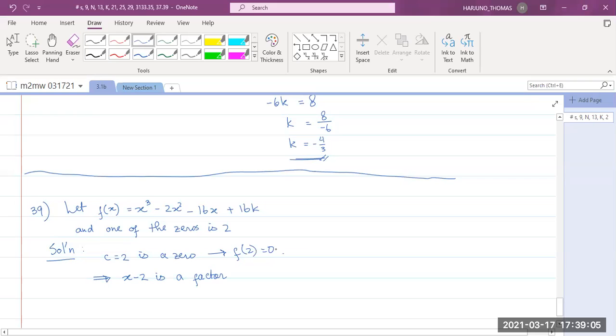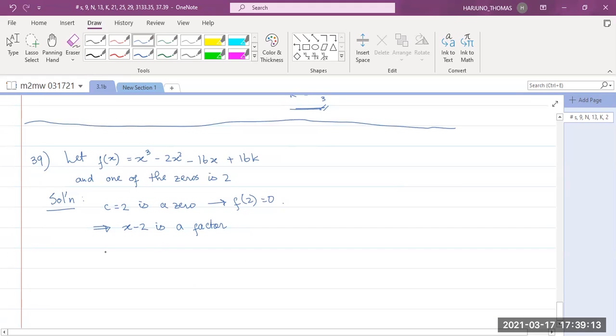That way we will be able to find our k. What I'm about to do here is a technique that we will use a lot in 3.3 or even after that. I basically put together the idea of zero, factor theorem, fundamental theorem of algebra, and synthetic division, all of them together in this one question here.